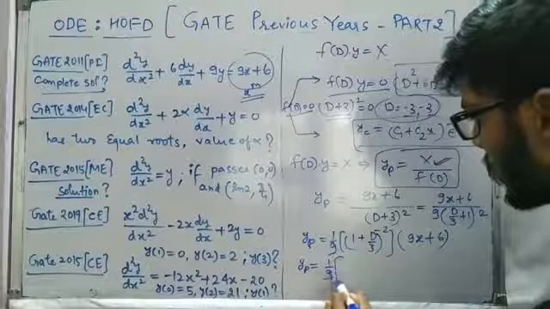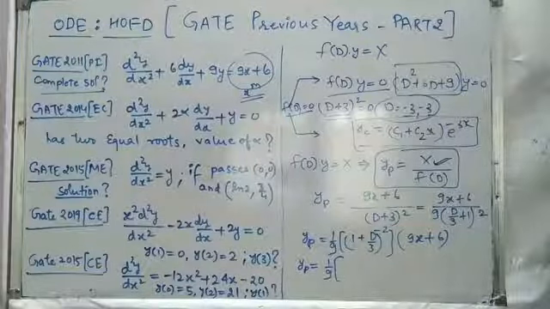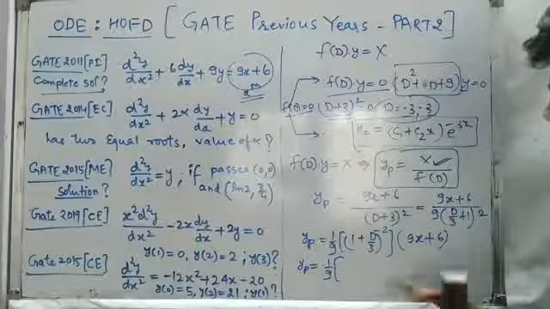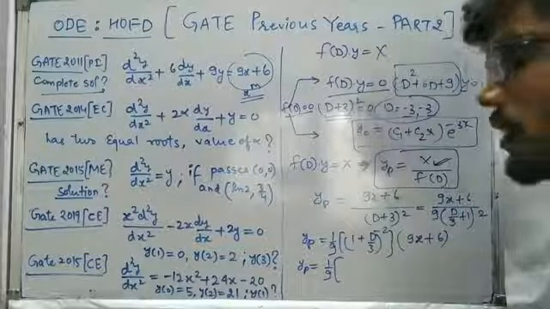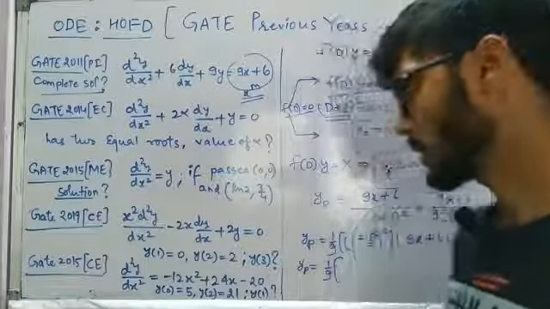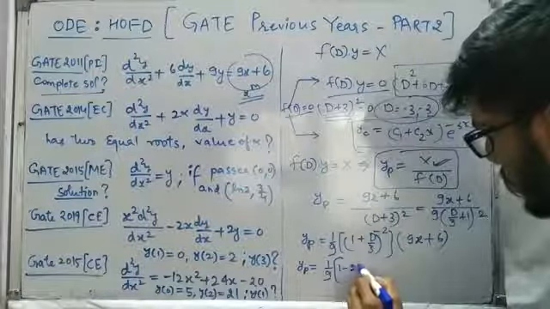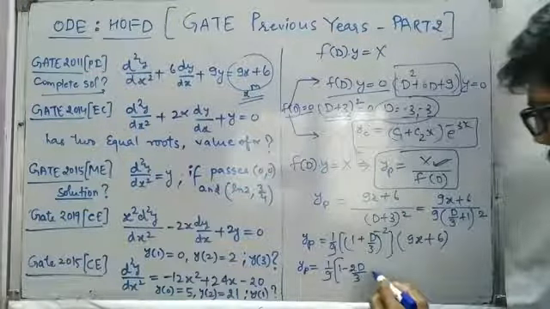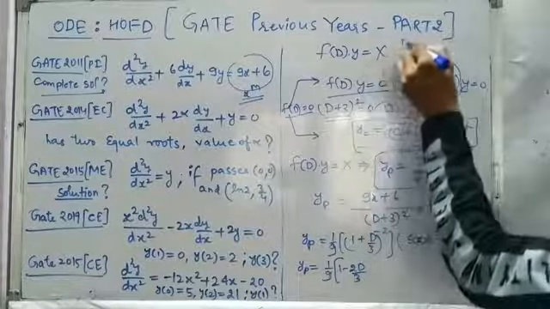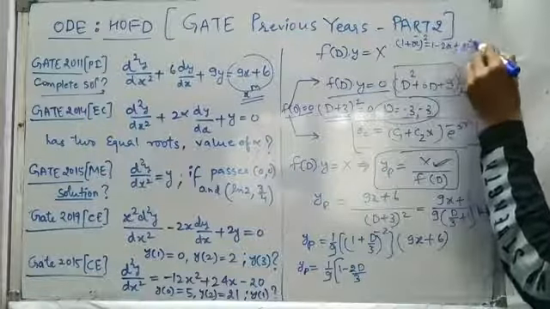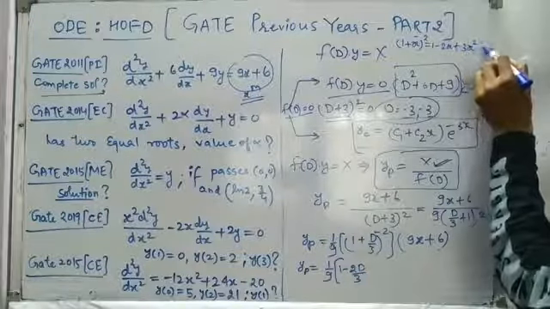The common formulas I asked you to make note of, I wrote there also. We have to expand 1 plus x power minus 2, which is nothing but 1 minus 2x plus 3x square, something like that. So 1 minus 2x is nothing but minus 2D by 3, and 1 plus x whole power minus 2 is 1 minus 2x plus 3x square and other terms.